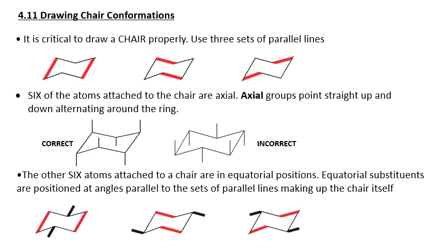So the book outlines a method where we draw 3 sets of parallel lines. You want to start with your first set, and then we can draw our second set. And then we can draw our third set.